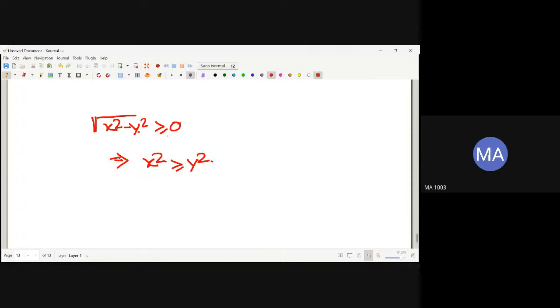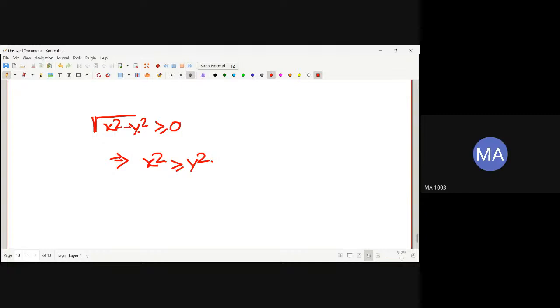For example, you can take (-2, 0). This satisfies the condition, and then you have to be very careful about the path you are taking.